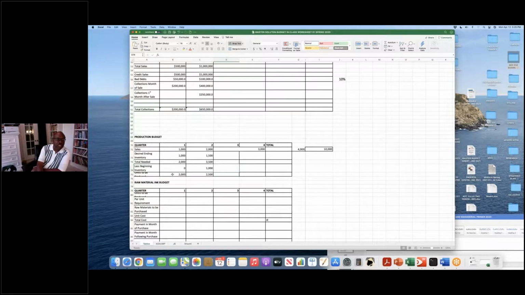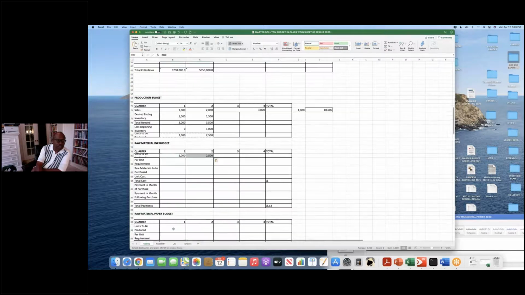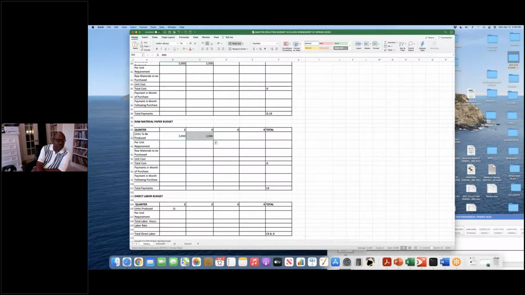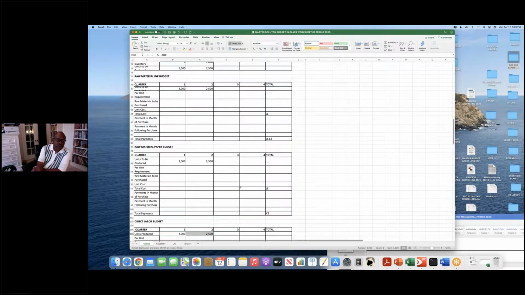But guess what? All these numbers on the production budget, we're going to copy them and put them on the raw materials ink budget, and on the raw materials paper budget. So they need to be correct.